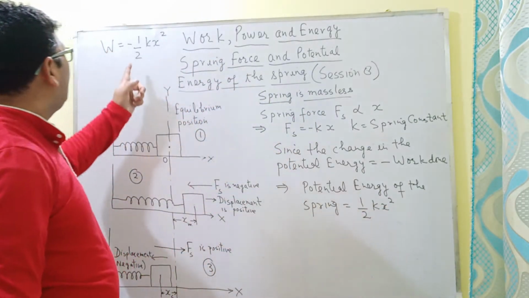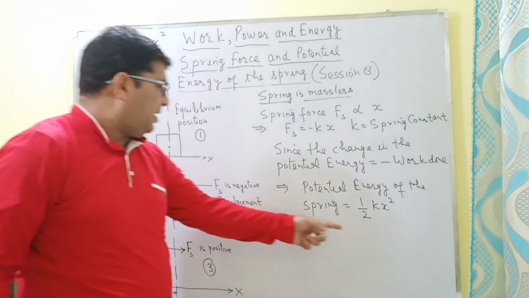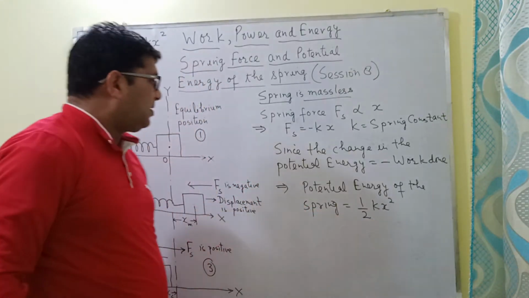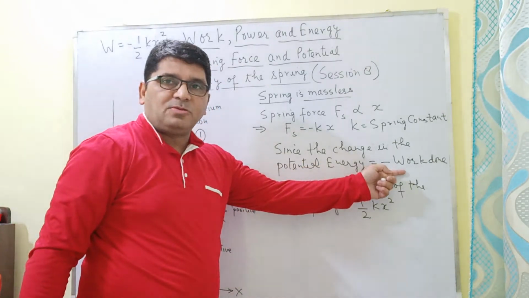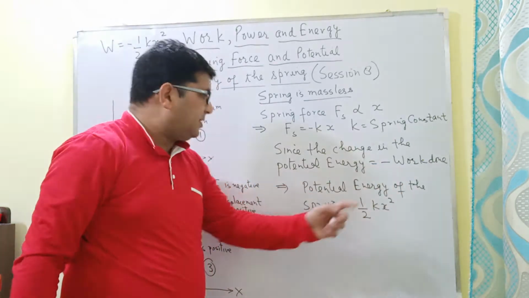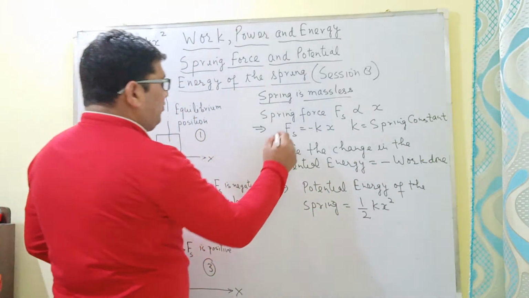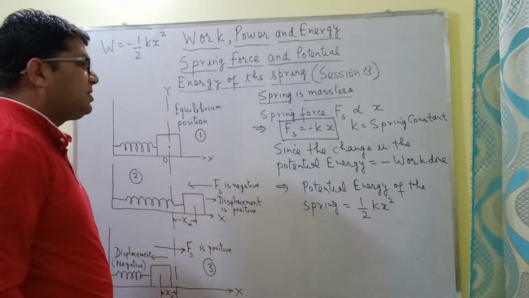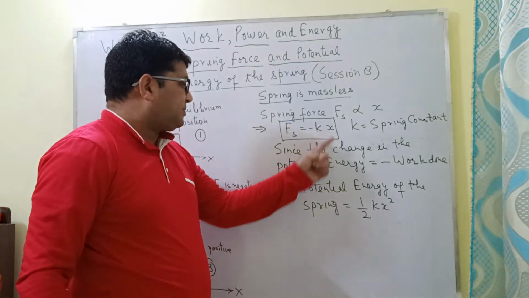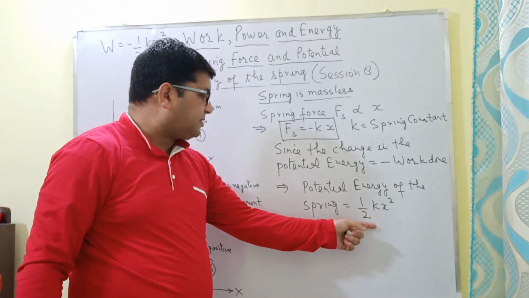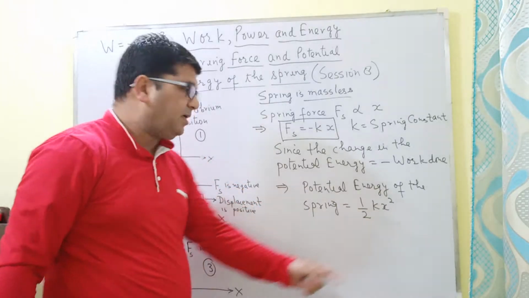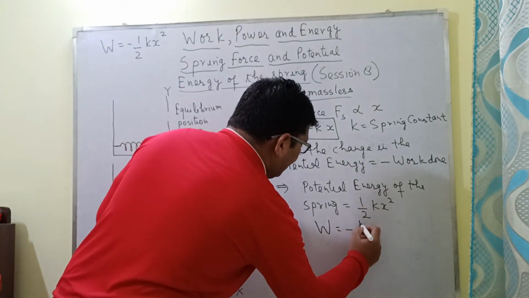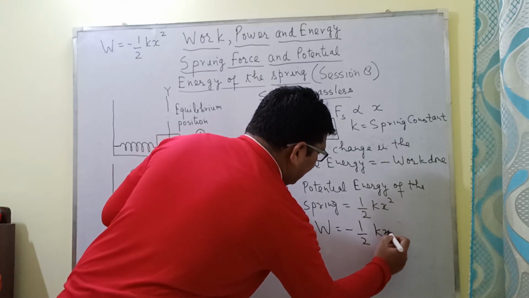So the work done is equal to minus 1 by 2 k x square, and the potential energy of the spring will be equal to 1 by 2 k x square, because the change in the potential energy is equal to the negative of the work done. So there are three important formulas here. That is, spring force is equal to minus kx, where k is the spring constant and x is the displacement. The potential energy of the spring is given by 1 by 2 k x square, and the work done is equal to minus 1 by 2 k x square.